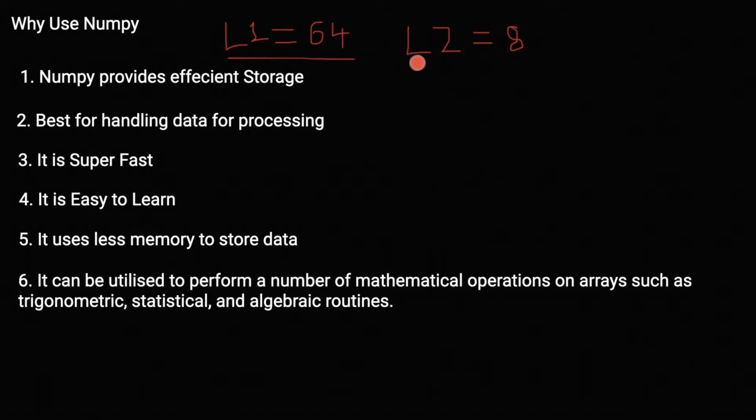So there is a lot of difference between NumPy and plain Python lists, and it's good for data processing and handling data because we use arrays for faster calculations, since it's super fast, easy to learn, and uses less memory.